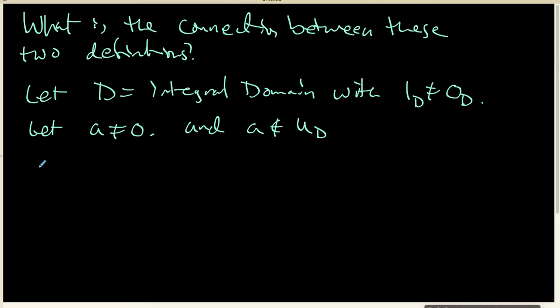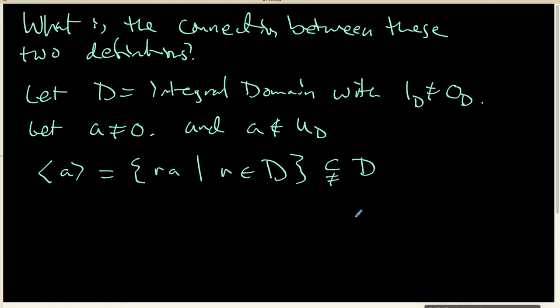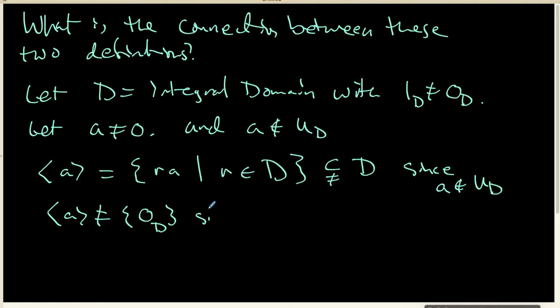The principal ideal generated by A, which would look like R times A, where R is running over all of the elements of D, is going to be a proper subset of my domain D because A is not a unit. And it's also not going to be equal to the set containing just the 0, since A is not the 0 inside my domain.